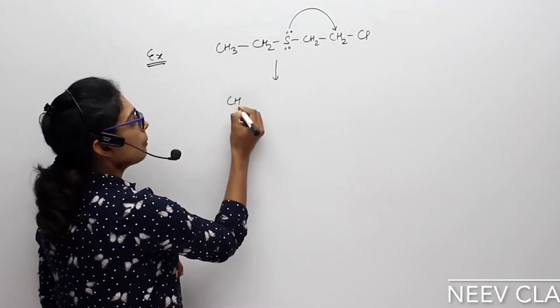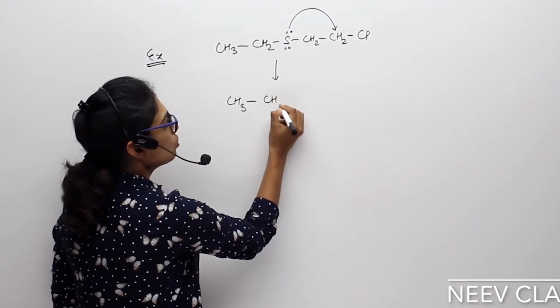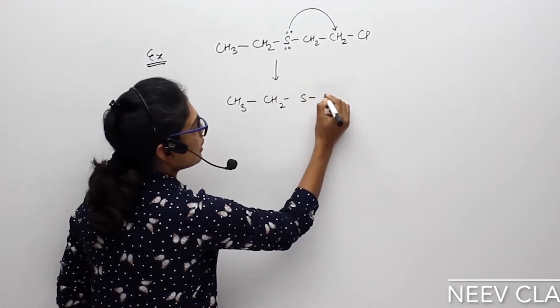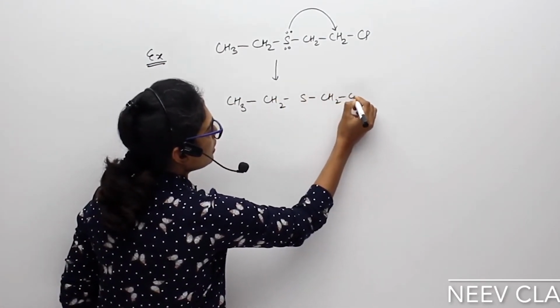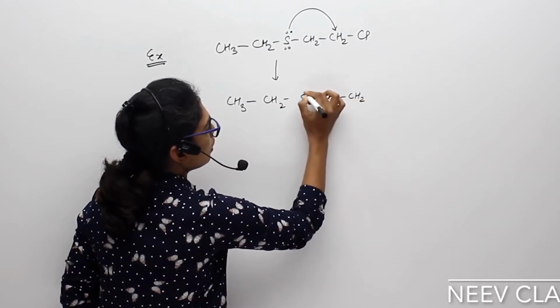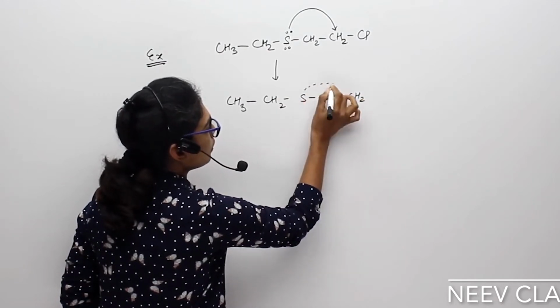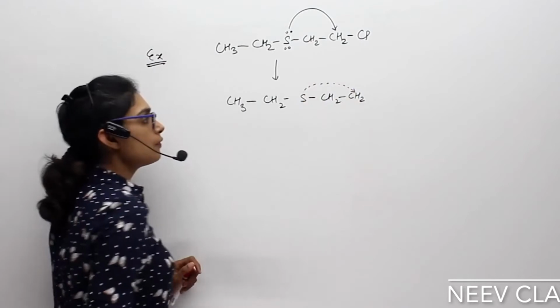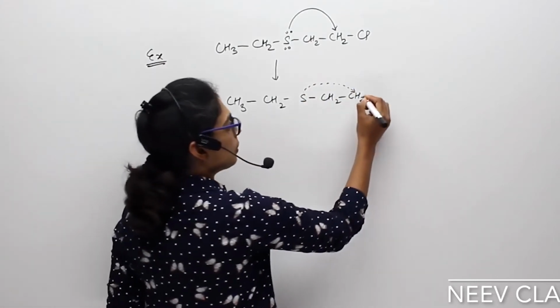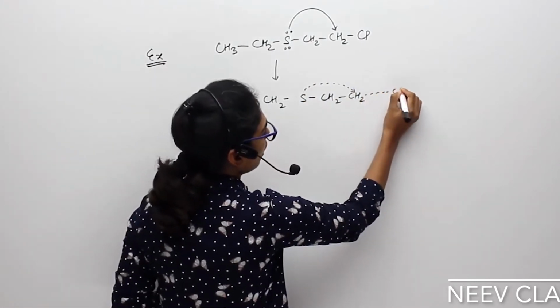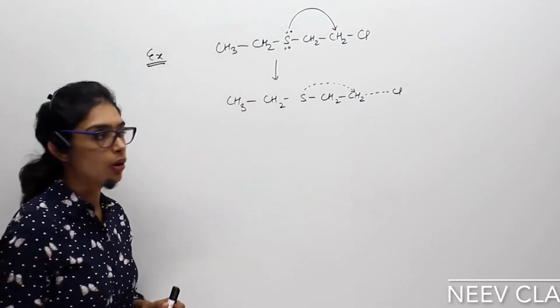So what will happen? CH3, CH2, S, CH2, CH2. This sulfur will start forming a bond with this carbon, and the bond between carbon and chlorine will start breaking off.